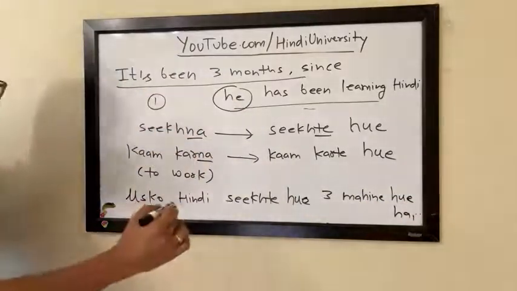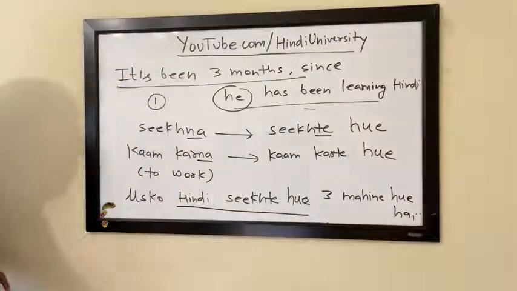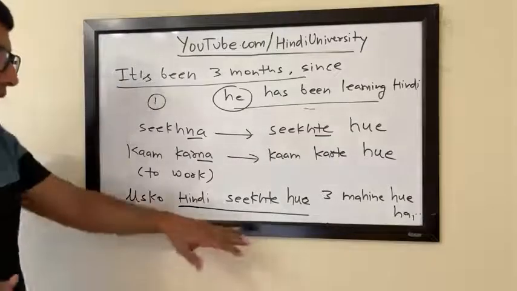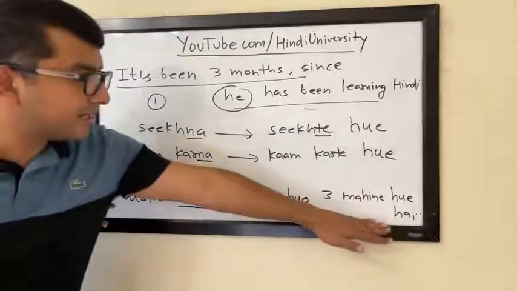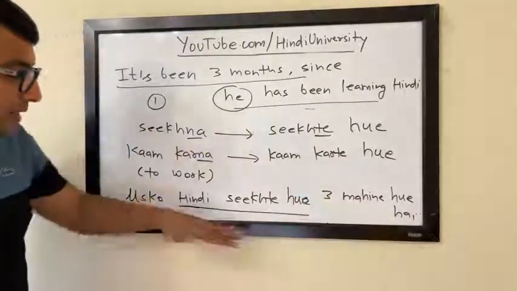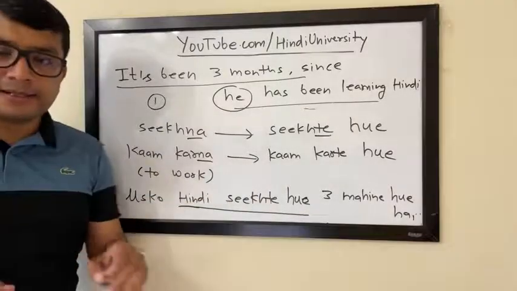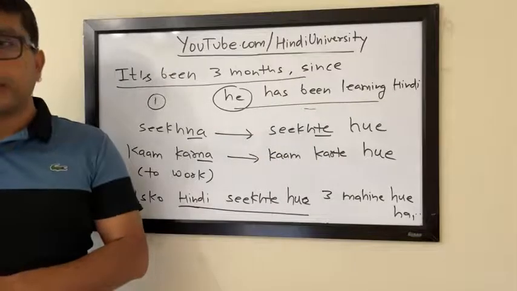It's a longer sentence, but you have this part: 3 महीने उसको हिंदी सीखते हुए 3 महीने हुए हैं. The base pattern here is उसको 3 महीने हुए हैं. You can replace this with something else, because in this sentence we're saying it's been 3 months since he's been learning Hindi.